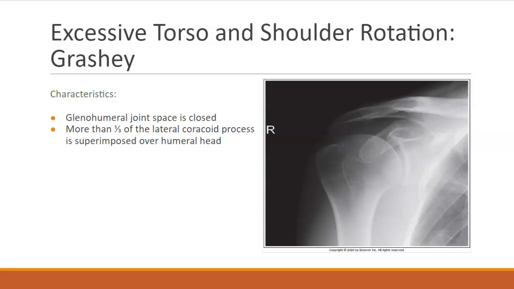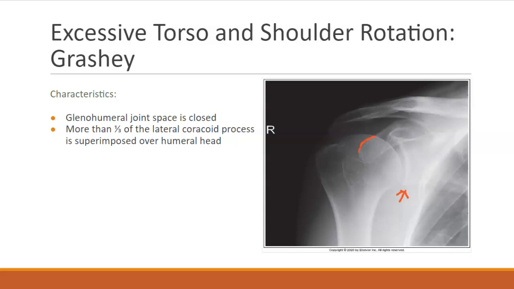So let's talk about some common positioning errors. In excessive torso rotation, the glenohumeral joint space will be demonstrated as closed, as you can see here. Okay, I'm trying to put an arrow there for you. And more than the 1/3 of the lateral coracoid process will superimpose over the humeral head.